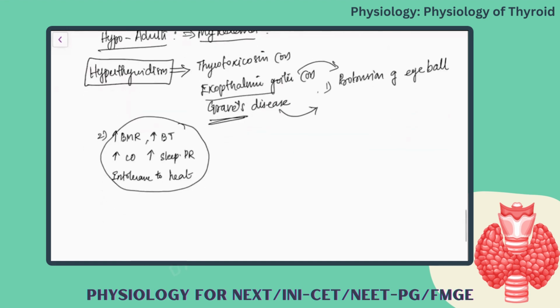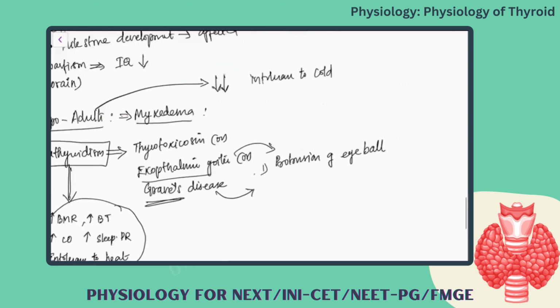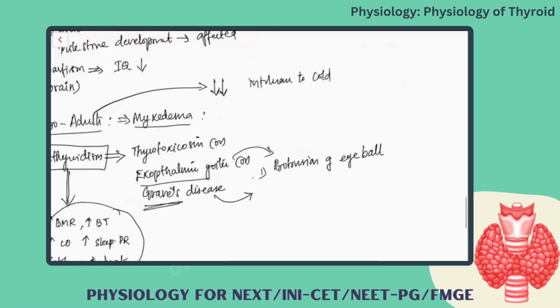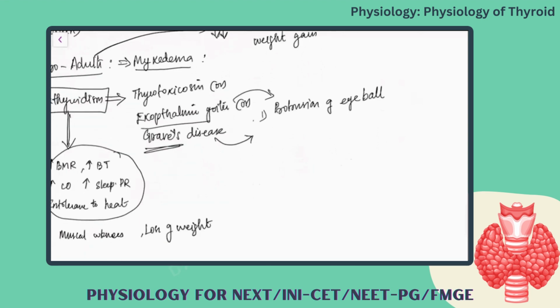And another thing you will observe in hyperthyroidism is muscular weakness and loss of weight. Whereas in case of hypothyroidism, weight gain will be observed. Okay, so these are the differentiating features you will see between hypo and hyperthyroidism.